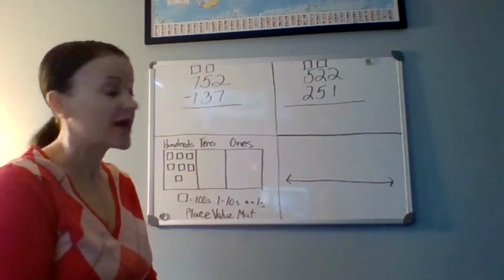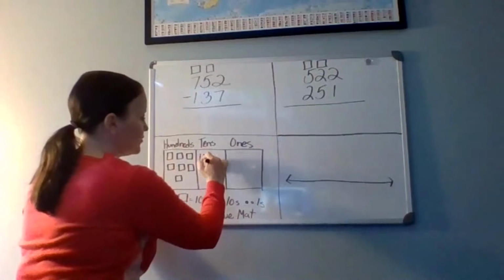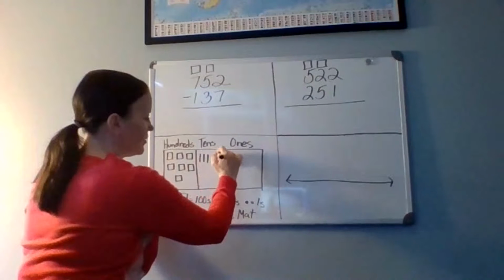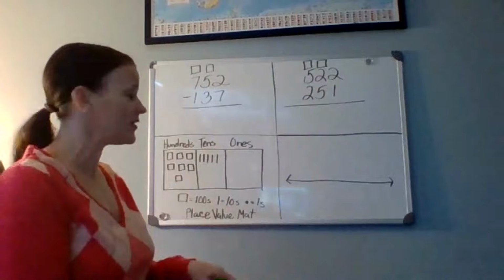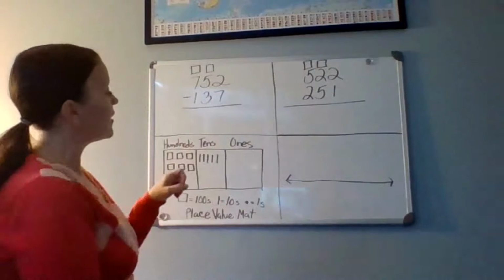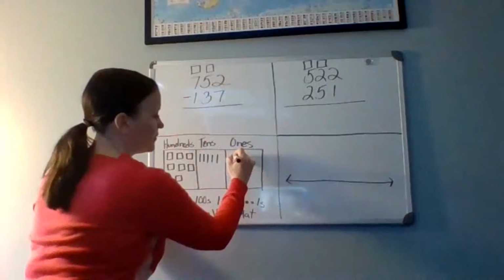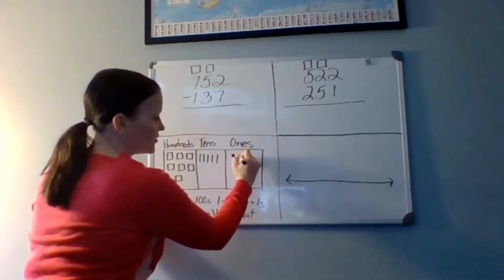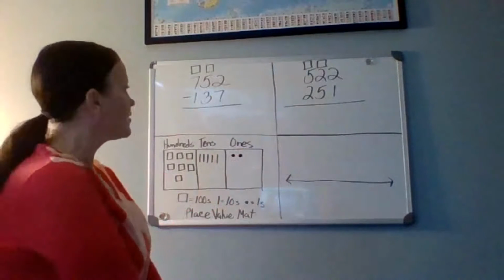On my place value mat, that is 5 tens. 1, 2, 3, 4, 5 tens. Remember, these are not tallies. You do not cross anything out. So ones, I have 2 ones. Remember, they're pretty big dots. You don't want to make them little dots because you want to be able to see your dots.